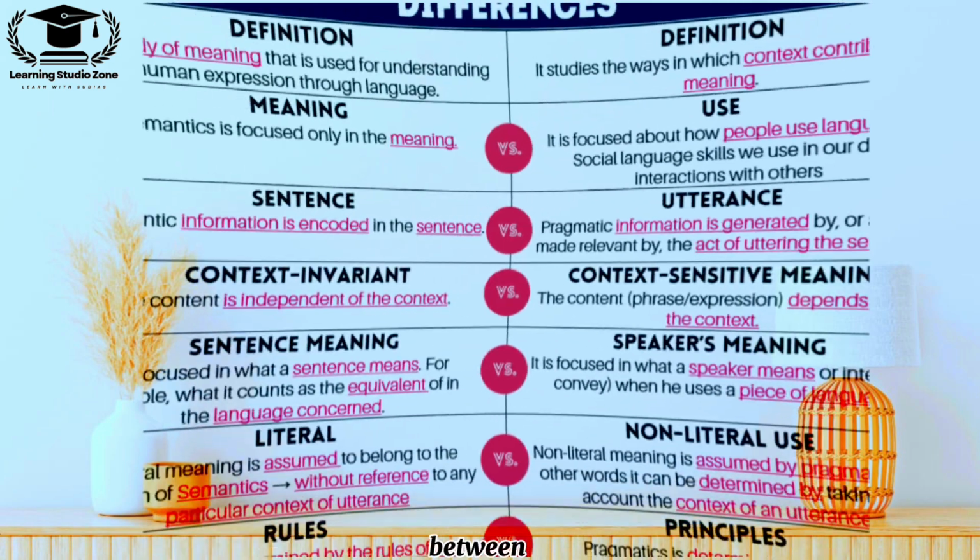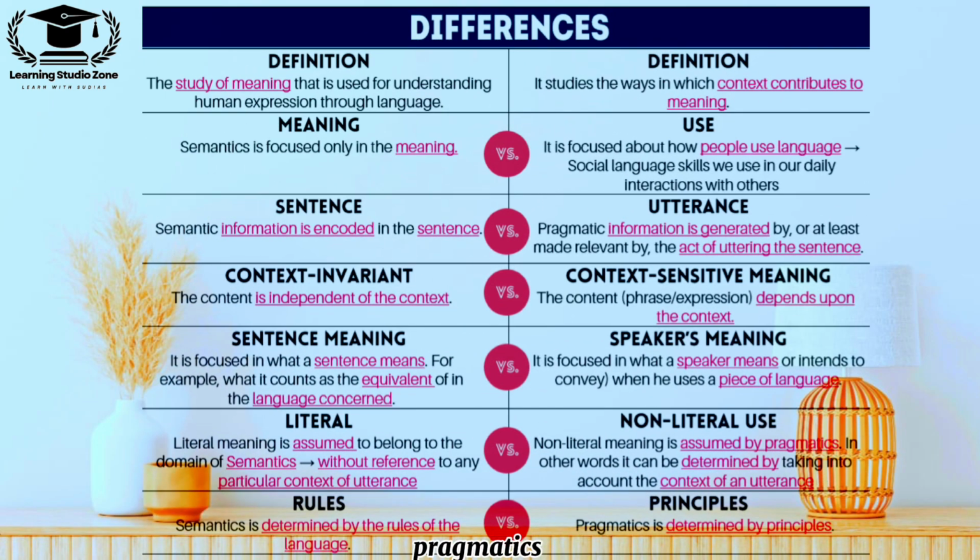Now, differences between semantics and pragmatics. Number first, definition. The definition of semantics is that it is the study of meaning, used for understanding human expression through language, while pragmatics is defined as the study of the way in which context contributes to meaning.